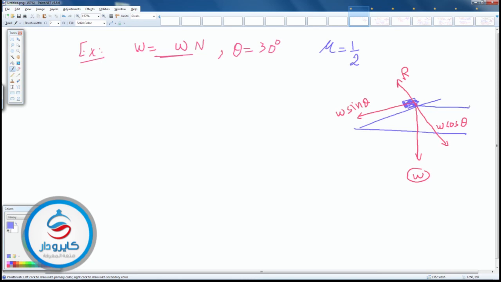This is the horizontal force, and this is the line of the inclination.